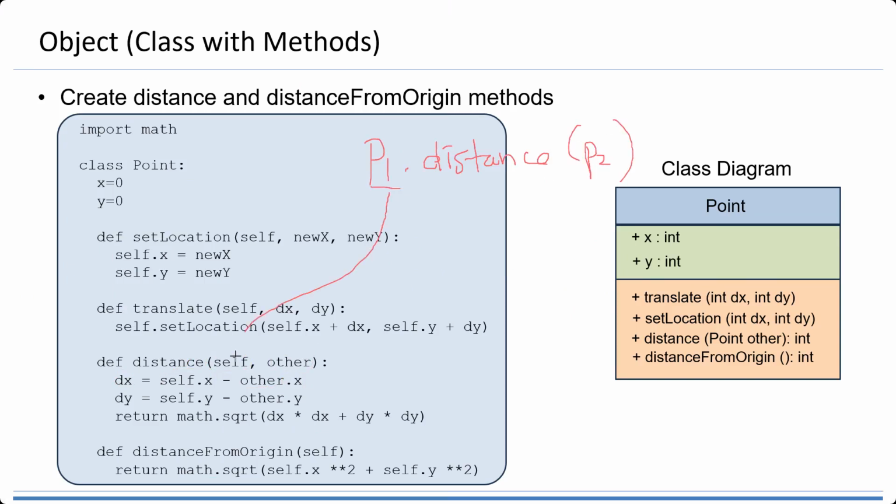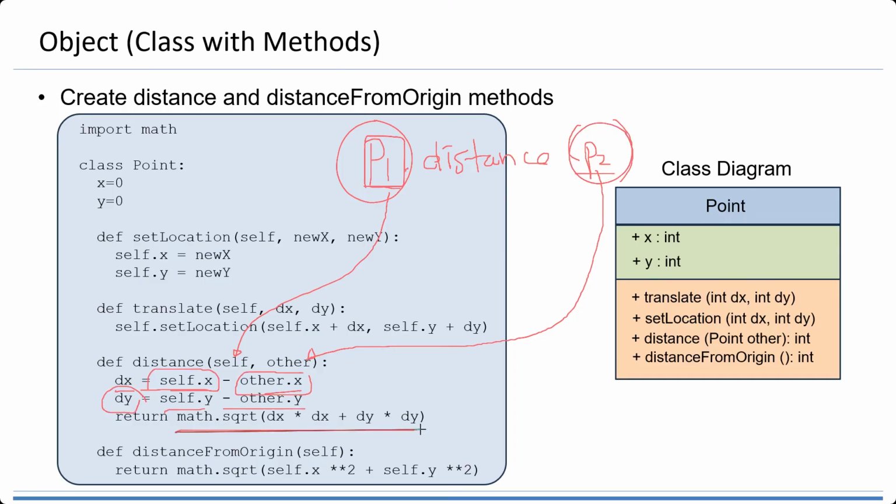P1 is the self or the current object that we use, and P2 is the other object that we want to compare. So the self.x will be the value from P1, and other.x will be the value from P2. We can do the subtraction and we get the x. For the self.y and the other.y, we will get the result in the variable dy.